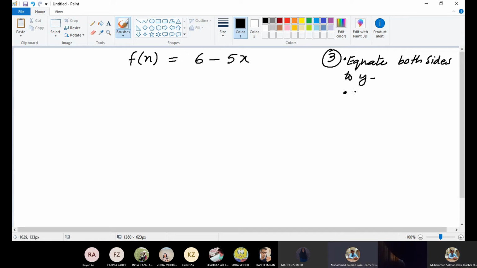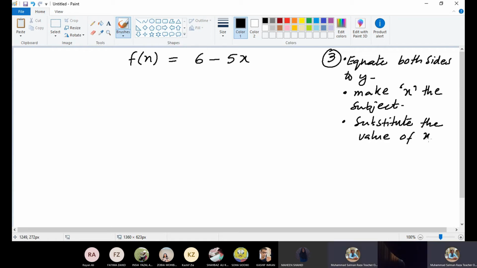Step number 2 is make x the subject. And number 3 is substitute the value of x. So these are the 3 things which help us to make any function into inverse of it. So we are going to inverse this function now.